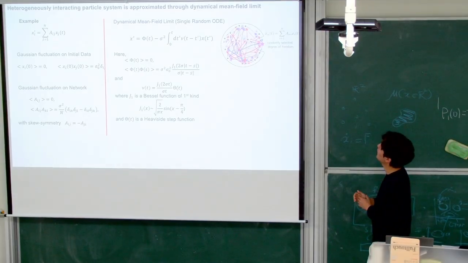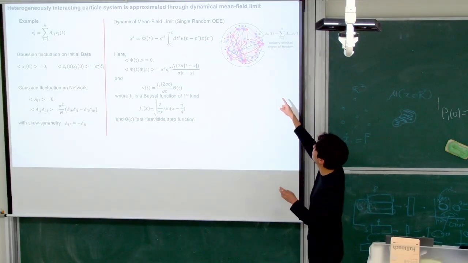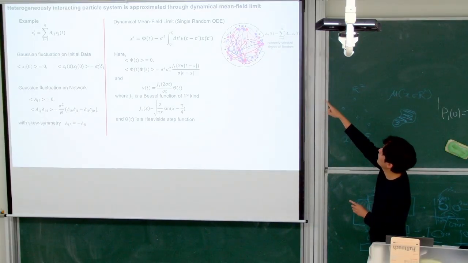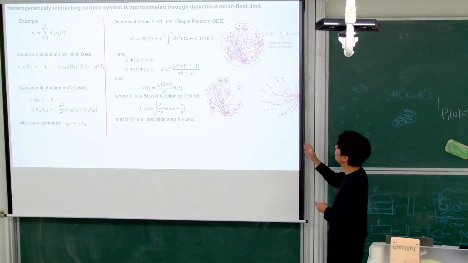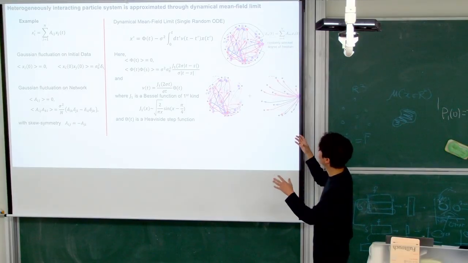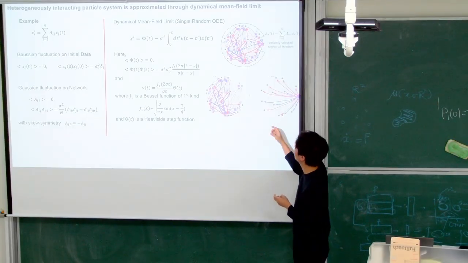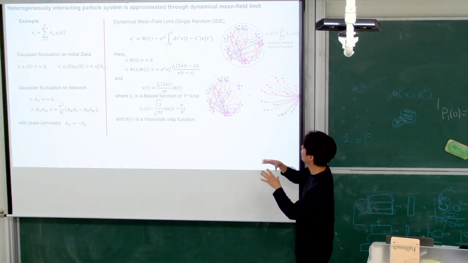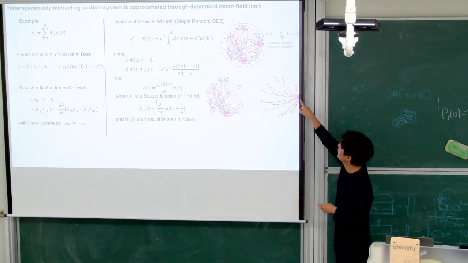So intuitively, how do they do this? If you have this interacting particle system with a very complicated network, you choose one particle randomly. Then you separate the effect of forces central to that particle. So here the left one is forces without that particle, and the right hand side are the forces coming from that particle.